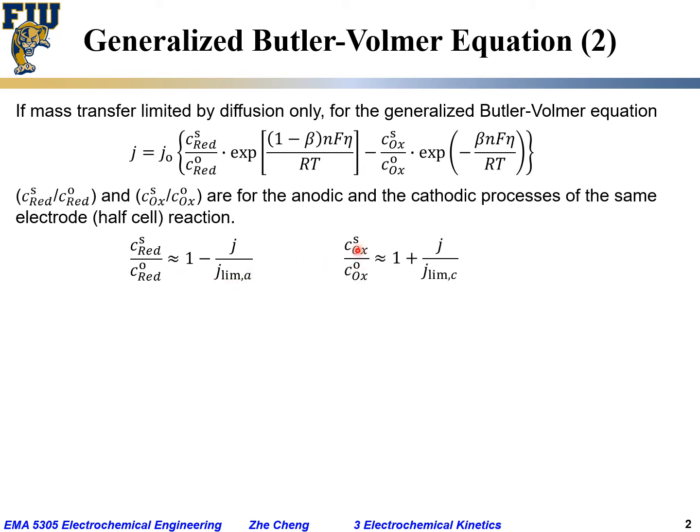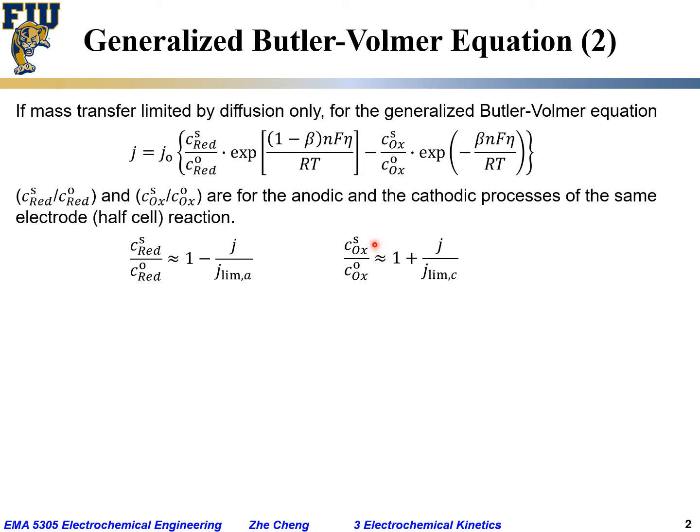Similarly, Cs, the surface concentration to bulk concentration for the oxidized species, I write as 1 plus J over J limit C. Why do I write plus? Because if we are talking about the cathodic reaction or cathodic process, then the J would be negative. So J is negative, but 1 plus this number will be smaller than 1.